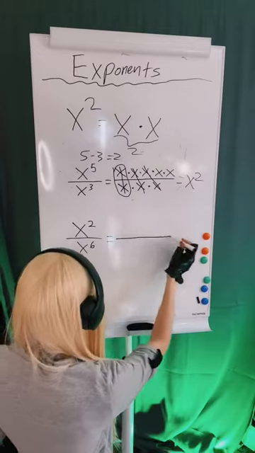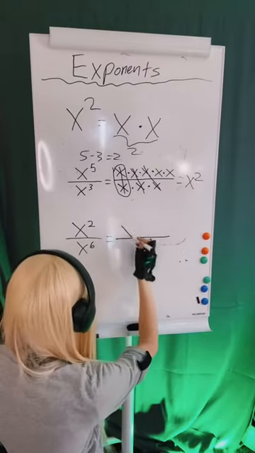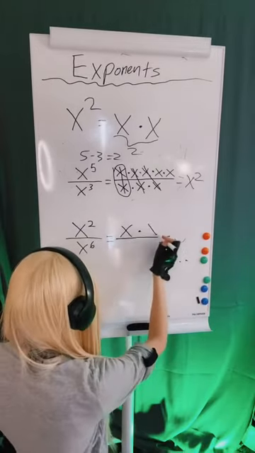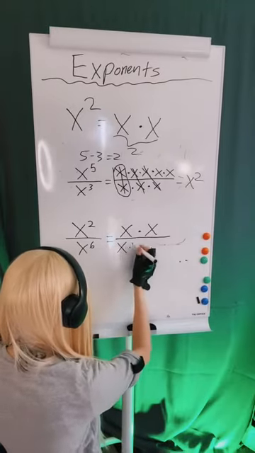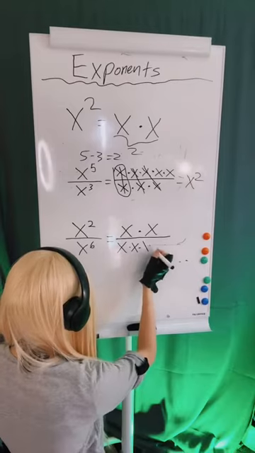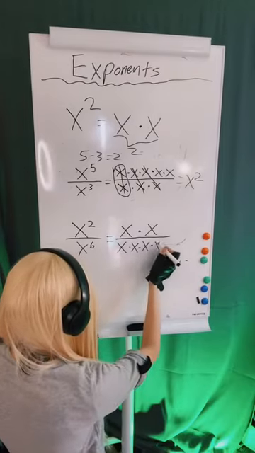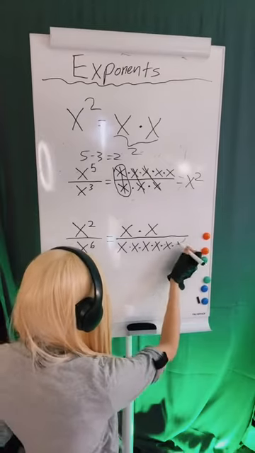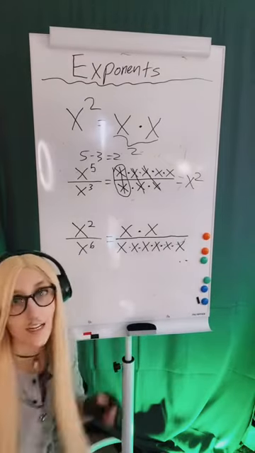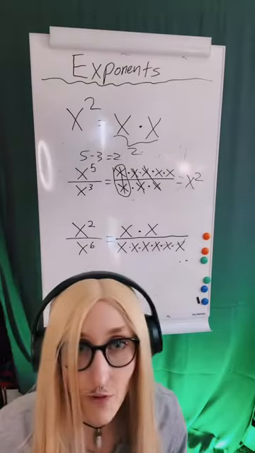Let's draw this out. On top I have 2 x's. On the bottom I have 6. Now let's start canceling like we did before.